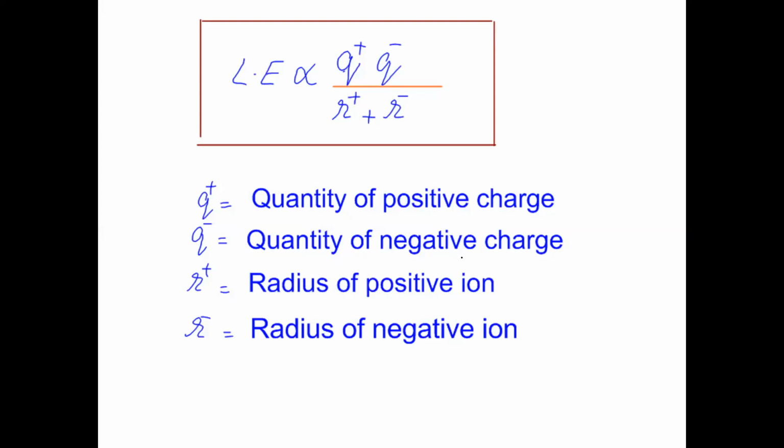So if the lattice contains bigger charges, +2, +3, the lattice will be strong. If the ions are bigger, they are separated, the lattice would be weaker. You have to copy this.